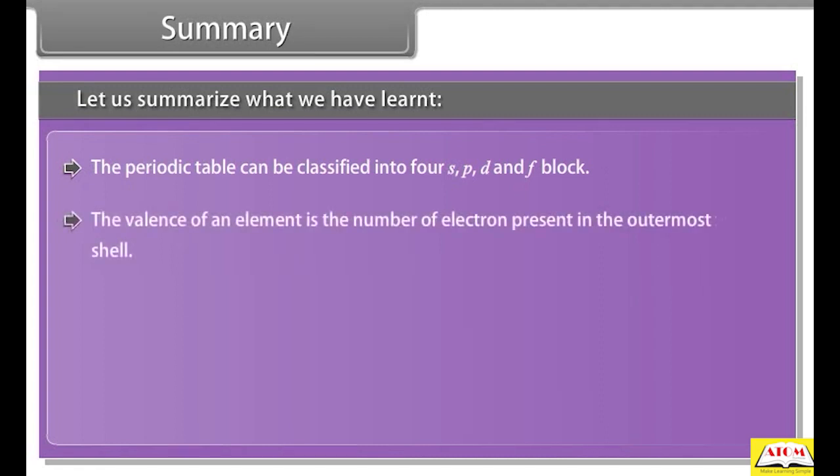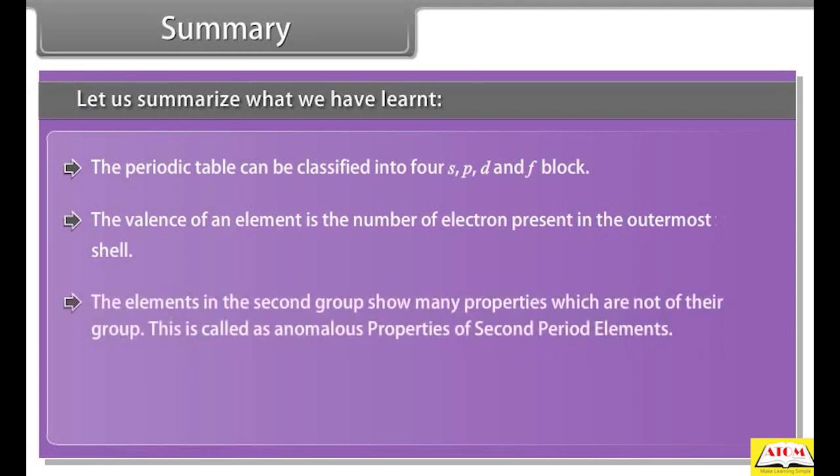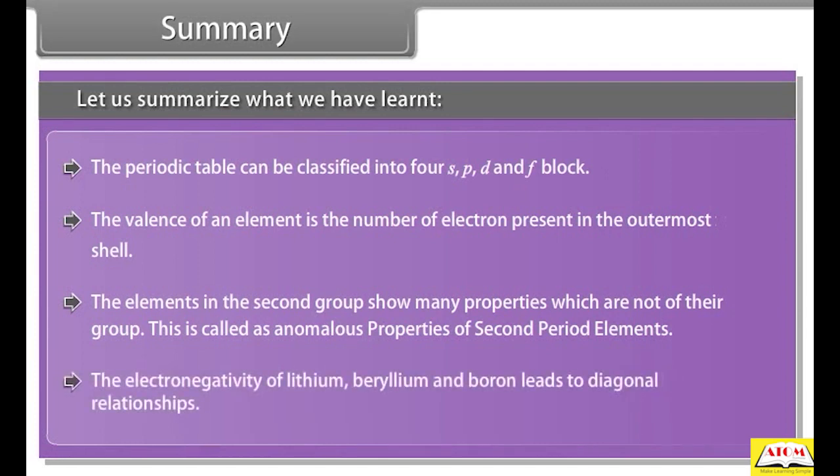The valency of an element is the number of electrons present in the outermost shell. The elements in the second period show many properties which are not shown by the rest of their group. This is called anomalous properties of second period elements. The electronegativity of lithium, beryllium and boron leads to diagonal relationships.